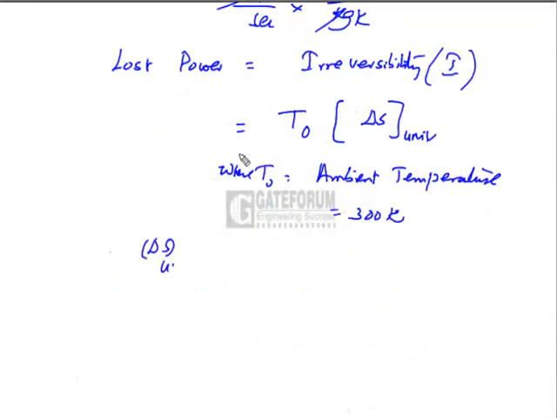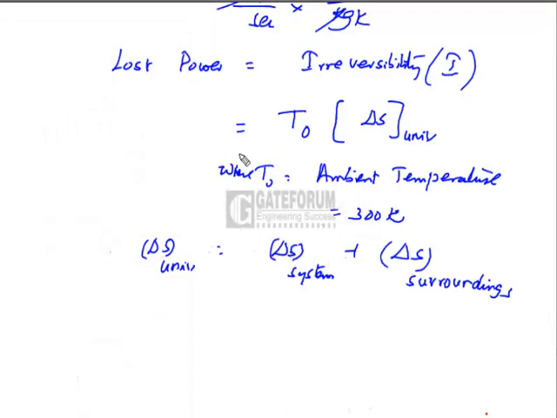Delta S of the universe is equal to delta S of the system plus delta S of the surroundings. But delta S of the surroundings here is 0. Why?